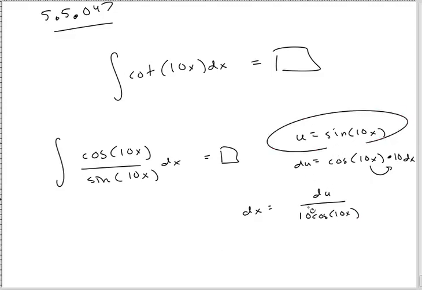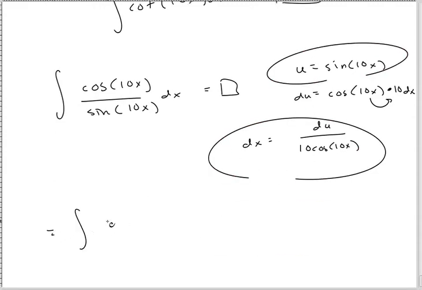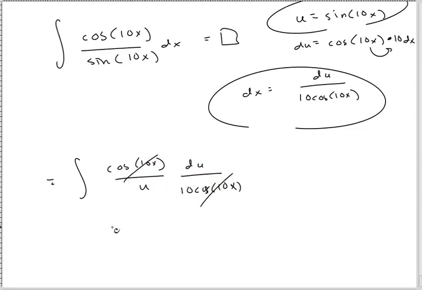So I'm going to plug these in directly. I got integral of cosine of 10x all over u, and then I've got du over 10 cosine of 10x. Cancel, cancel. The 1/10 can come to the front. 1 over u du. Have you seen that one before? It's an ln. Oh my goodness.